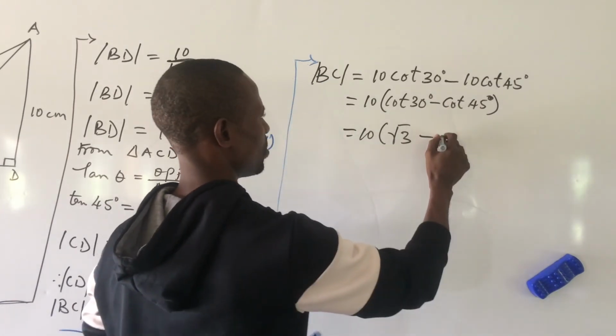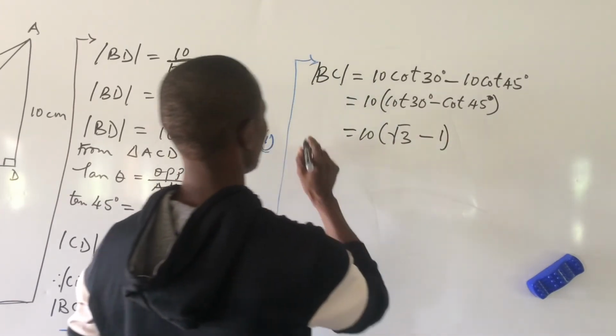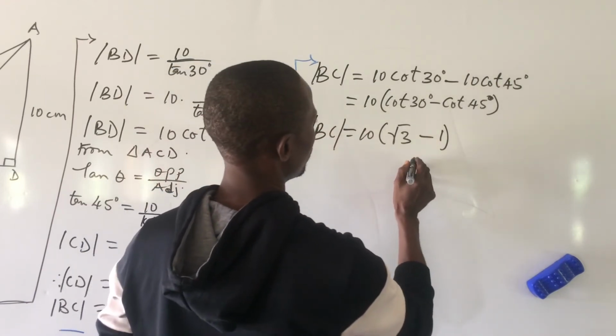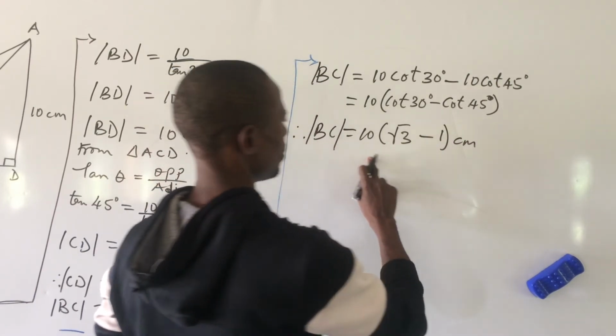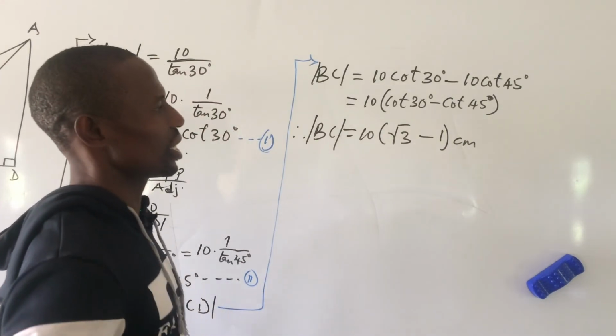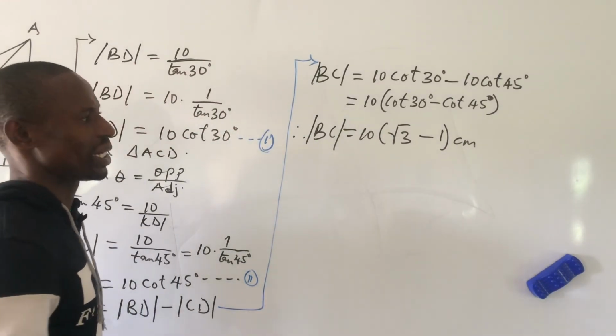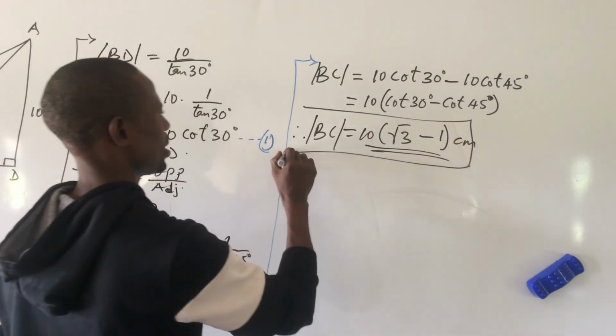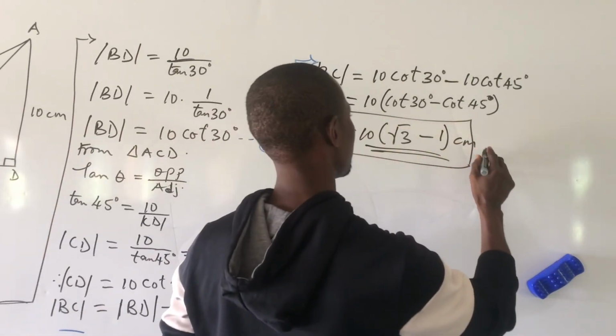Therefore our line BC is equal to 10 bracket open root 3 minus 1 cm. So this is the length.